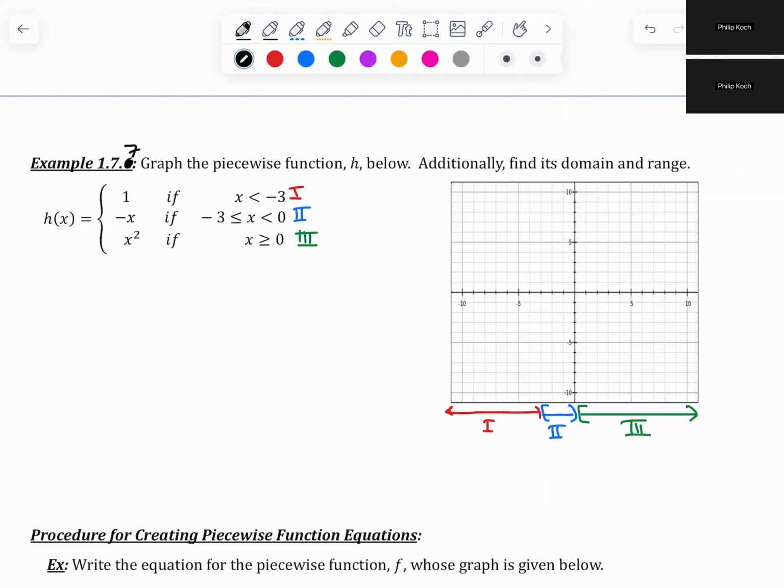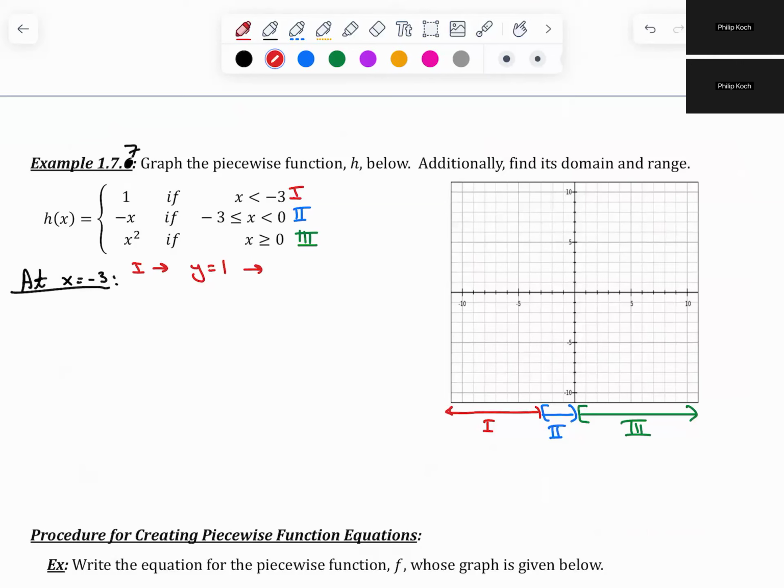So at x equals -3, for piece 1, y will just equal 1 because it's a constant function. So is it going to be an open circle or closed dot at that point?